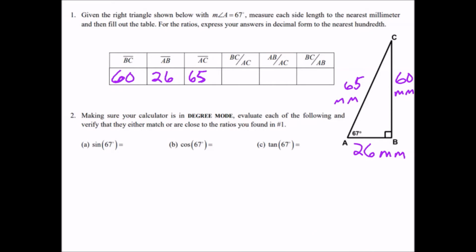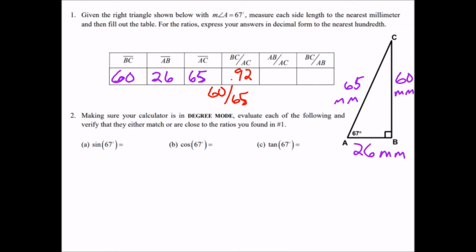So BC over AC, so that would be 60 over 65. And I go to a calculator, 60 divided by 65 is, and what are they at nearest hundredth? So 0.92.